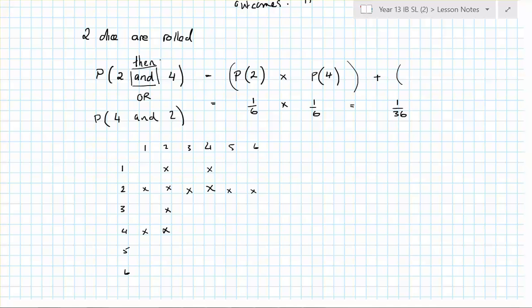The question then comes is, if I roll both dice at the same time, what's the probability of getting a 2 then a 4? Because theoretically it's still 1 out of 36. It depends which one you want to take as the first dice. So we've got to be a little bit careful, and the questions are written carefully so that they don't necessarily confuse you.